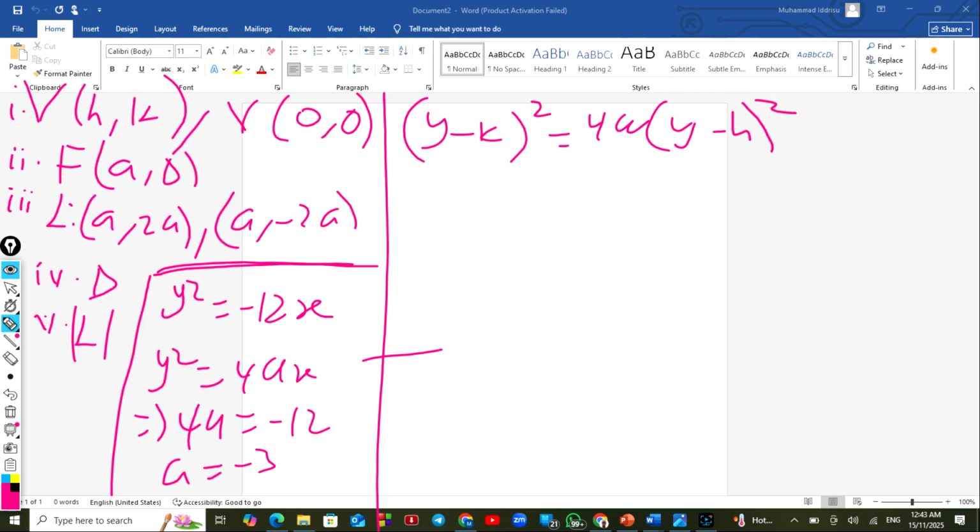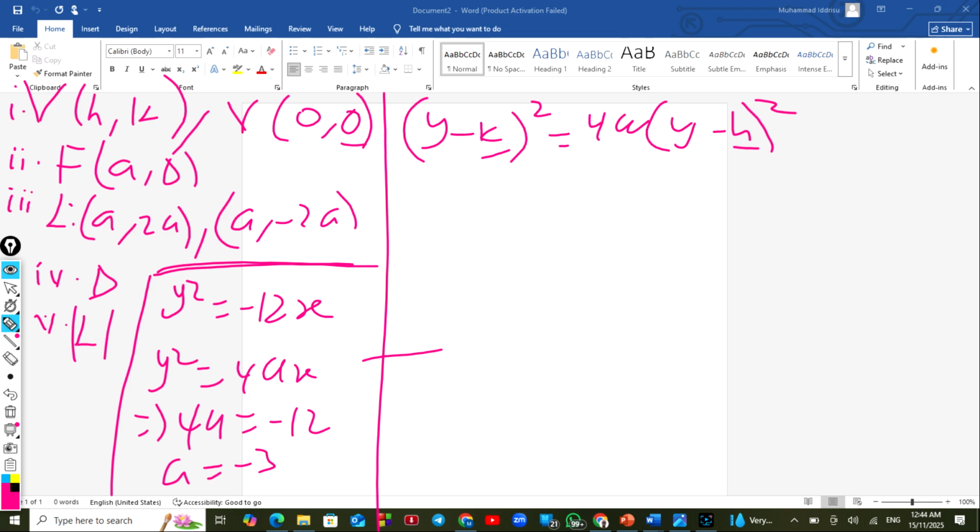Here our k is 0 and h is also 0. That's why we have y squared; you can see that we can't see any h or any k. It means that they are 0. So our vertex is the point (0, 0), the origin.